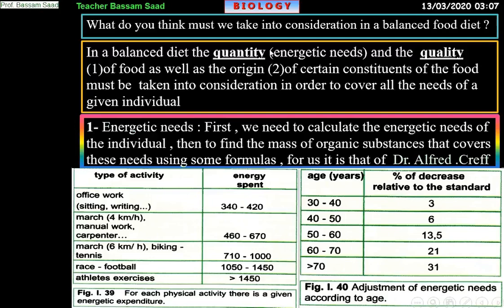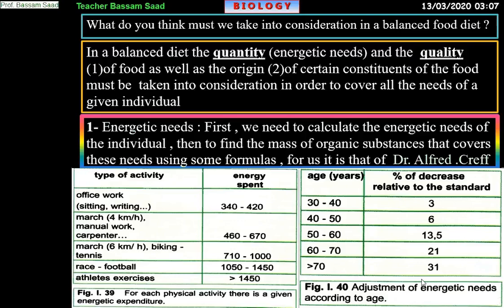It means that to find the mass of food, we need to find the amount of energy consumed by the individual daily. These tables can give us an idea about the activity and the energy spent, as well as the age, as we said last period.